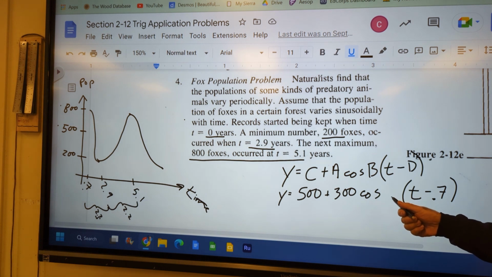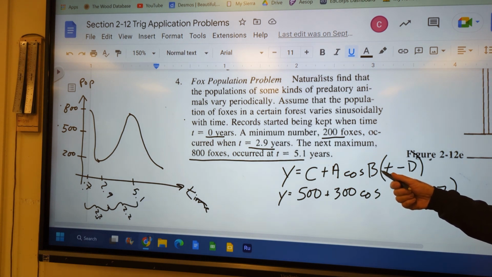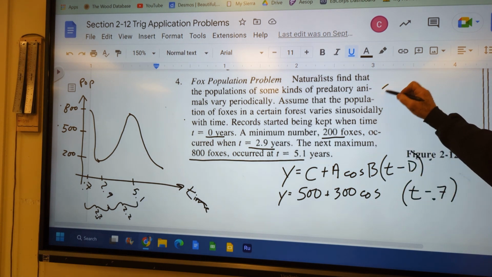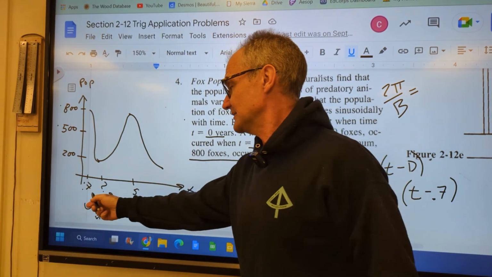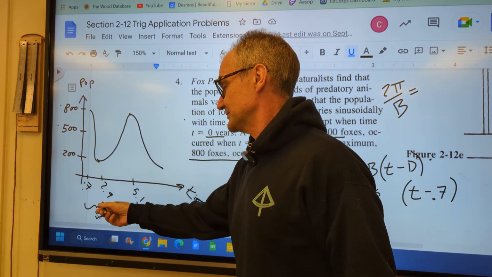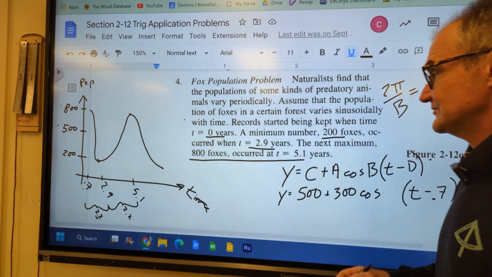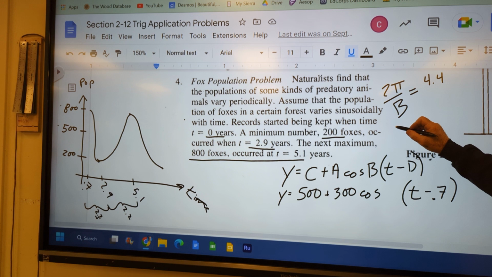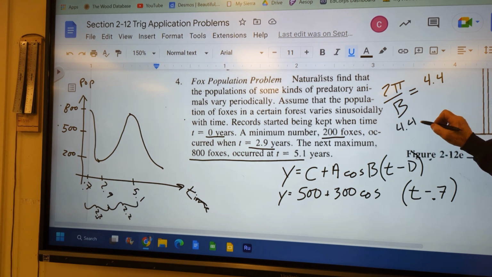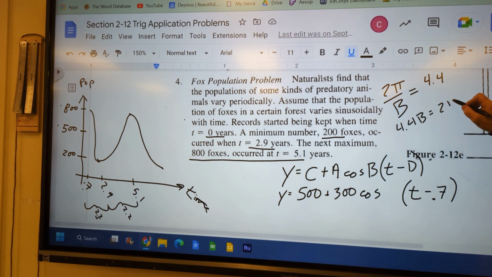And then right here, b is not my period, but it gives me my period. I know that 2 pi divided by b equals my period. And if it starts here and travels 2.2, 2.2, it travels a total of 4.4 years for a full cycle. I cross multiply to get 4.4b equals 2 pi.